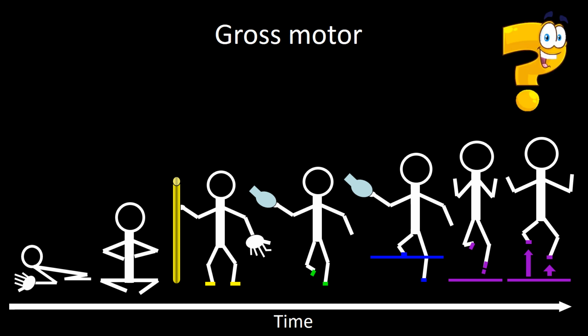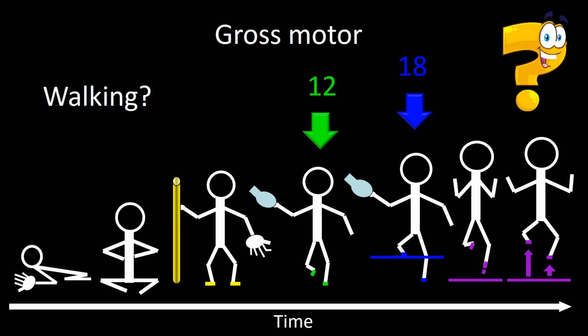So if you are asked at what age should a child be able to walk on his own, you can figure it out by remembering that by 12 months the infant should be able to walk holding on, and that by 18 months the child should be able to walk upstairs holding one hand.